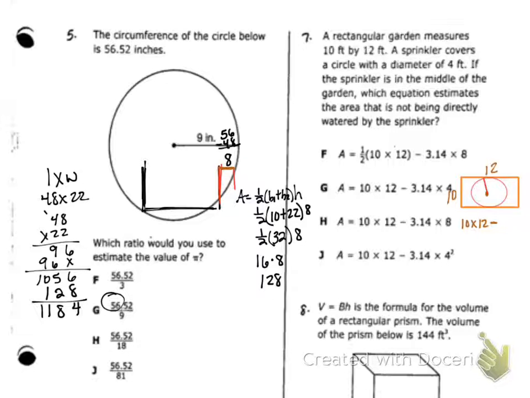So area of a circle is pi r squared. Pi is 3.14, and the radius from the problem is 2. How did I get 2? Because the diameter is 4, so half of the diameter is the radius. So this would be 2 squared. Well, 2 squared really is 4, so this would be 3.14 times 4. And the one that matches that is G.